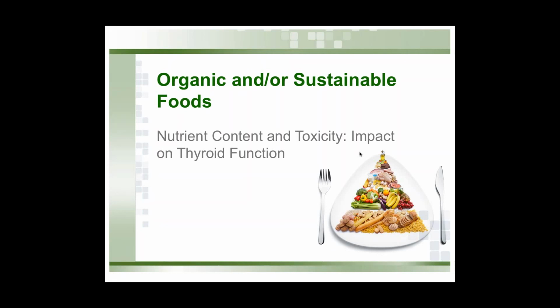So what else impacts thyroid? One big thing that impacts thyroid is pesticides in foods. This is one of the reasons why in the Metabolic Code diet, we emphasize trying to eat organically grown and or sustainably grown foods that are not treated with a lot of pesticides and chemicals.